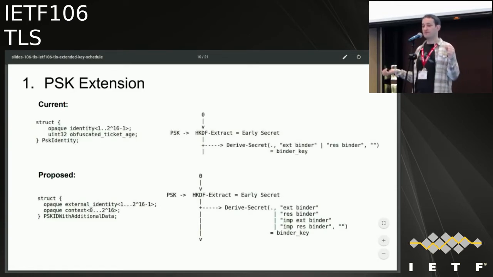Okay, so this is the change we're planning to make to the PSK extension. All we do is add a context field and then use that as the ID instead. And you can do that recursively. So you might want to add 3 or 4 PSKs in a chain, and each one comes with a context, and you just compress more and more of that into the PSK ID.